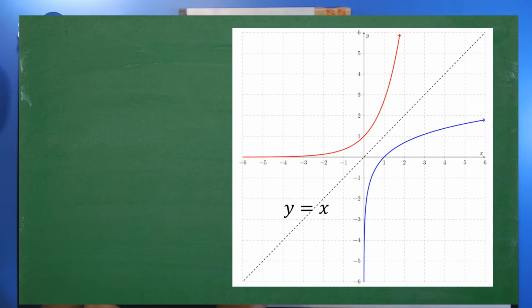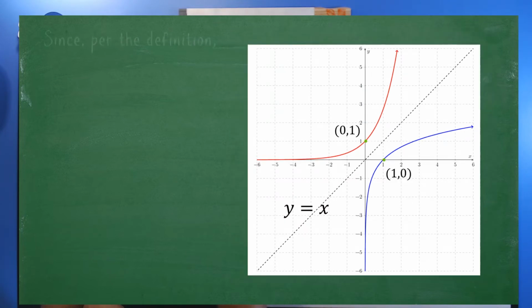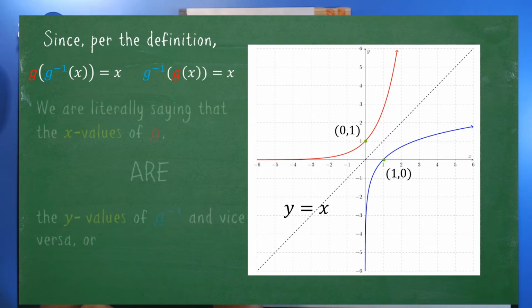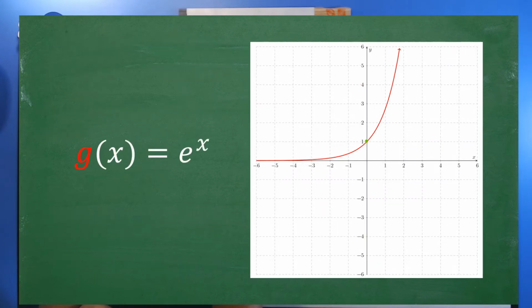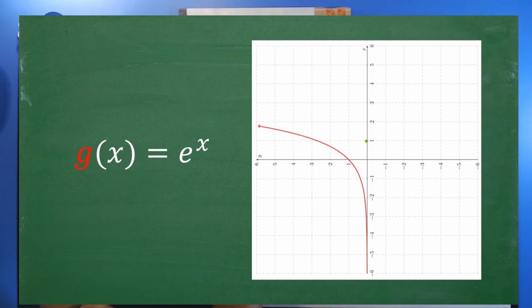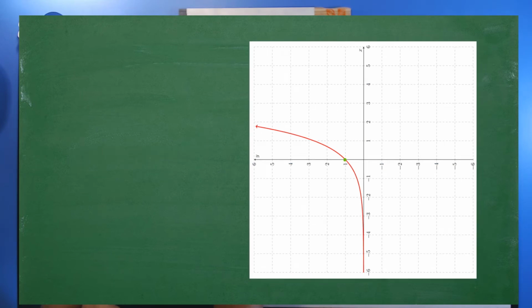This is exactly what it means for one function's x values to be the other function's y values, and for the second function's x values to be the first function's y values. In reality, all we're doing is flipping these two coordinates, and they become the coordinates of the new point in the inverse function.